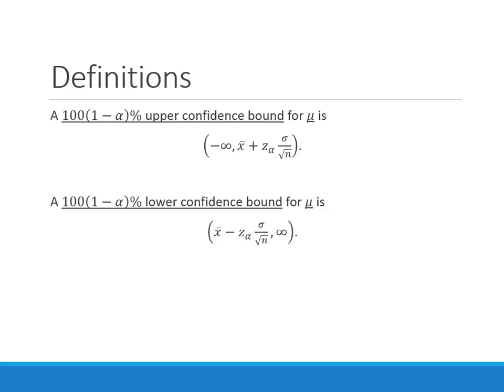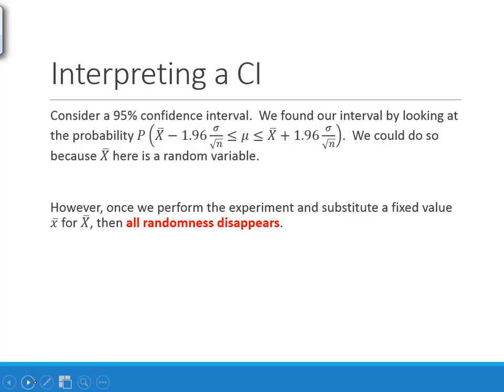So if I want an upper confidence bound, I don't care what the lower end point is, then I can use that interval, and I can do the same for a lower confidence bound. And note the only thing that's different here is the critical value. So it's z sub alpha instead of z sub alpha over 2. Anyway, we won't spend a lot of time talking about confidence bounds, but I wanted to put that in there for completeness.